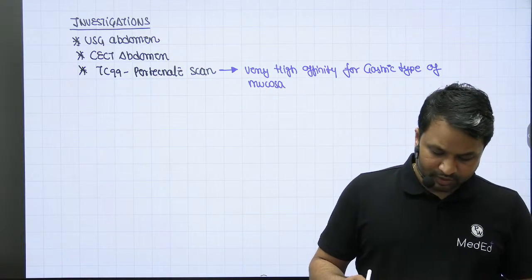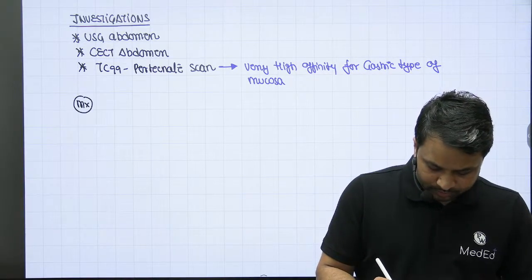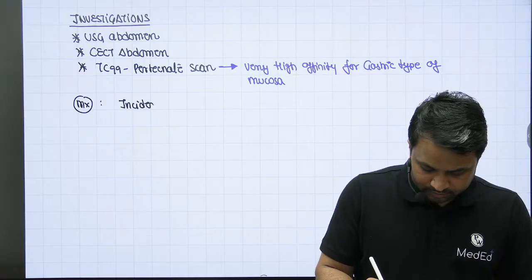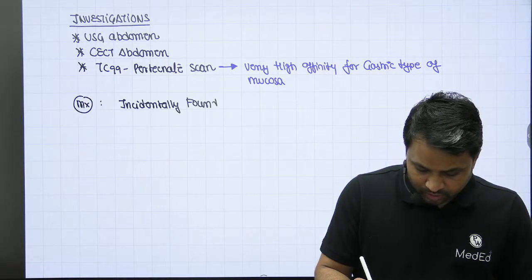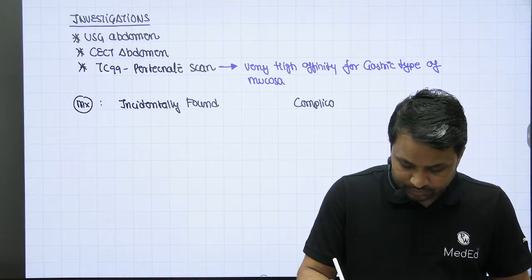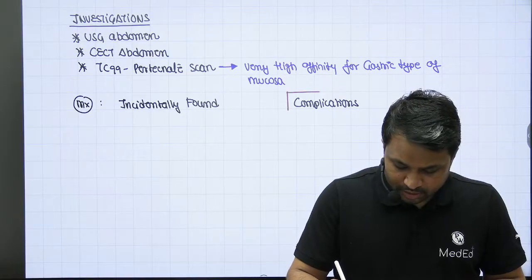So whenever you have a patient with Meckel's diverticulum, management, remember, if the patient is presented with complications in Meckel's diverticulum, then it has to be resection and anastomosis.